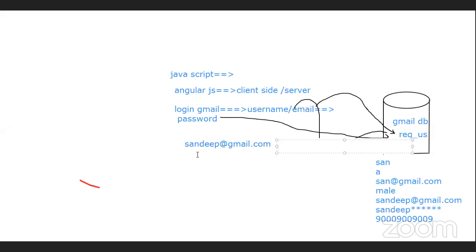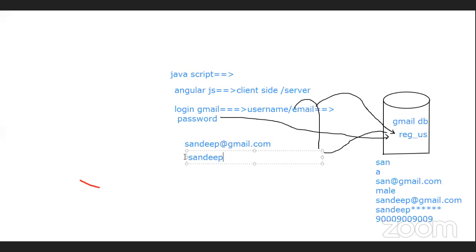Next, he needs to enter the password. For example, he enters the password as Sandeep. If both values are correct, then only login access will be given to the user. If he enters a wrong username or wrong password, he never logs into that particular Gmail account. So this is validation on the server side.